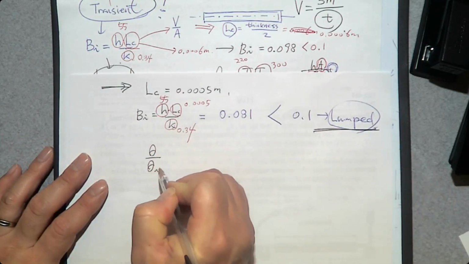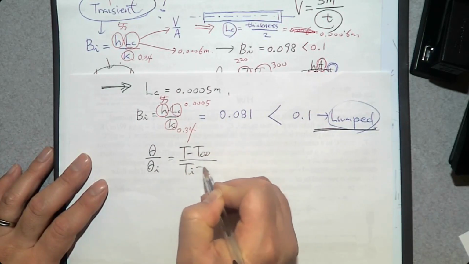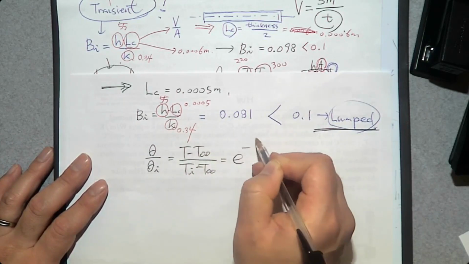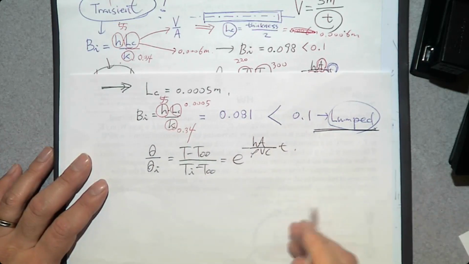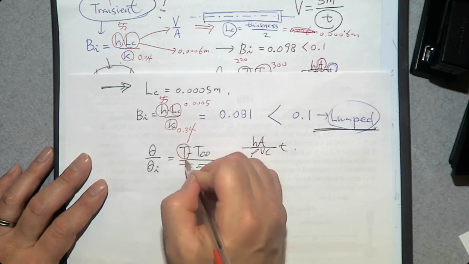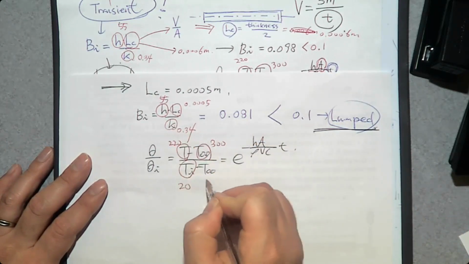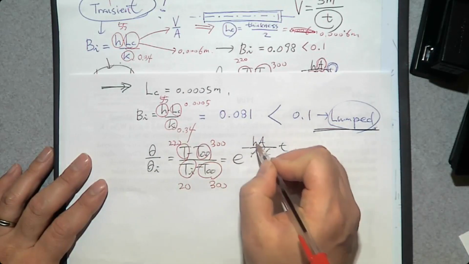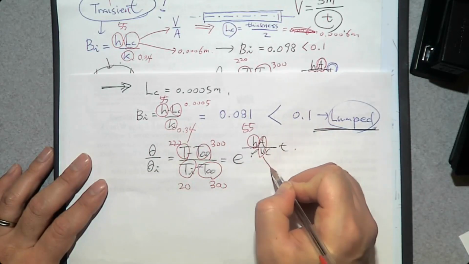Theta over theta i is T minus T infinite over Ti minus T infinite, which is e to the minus hA over rho VC times t.